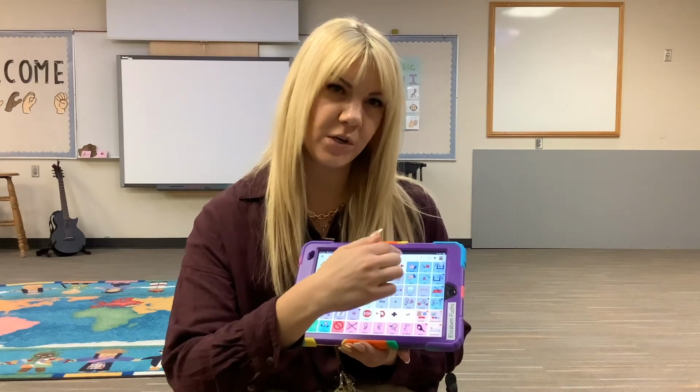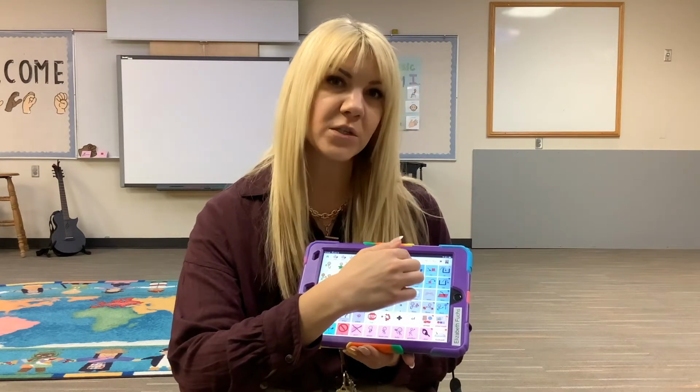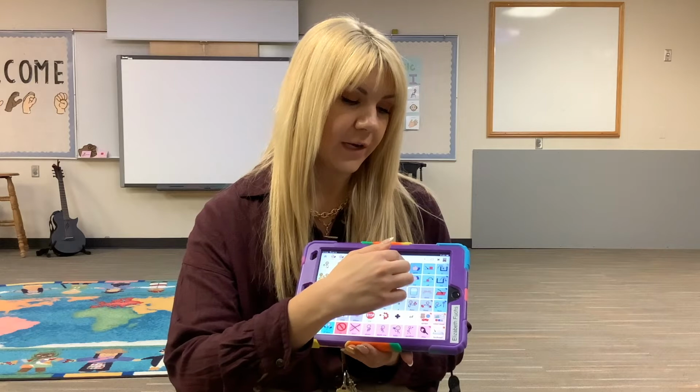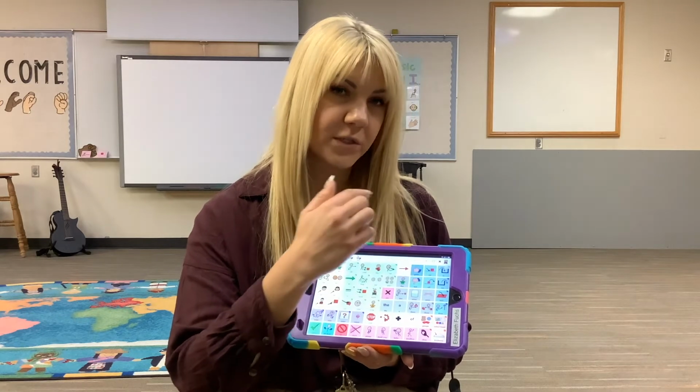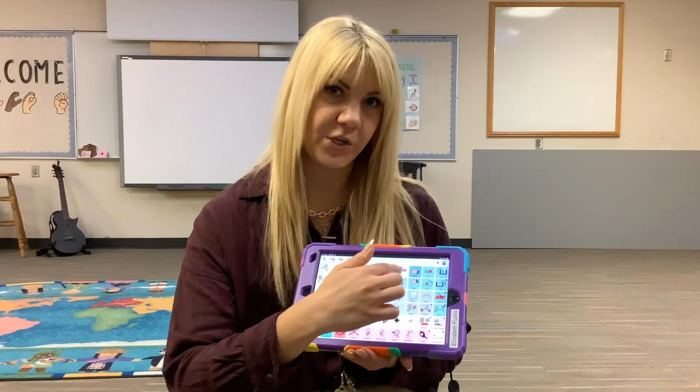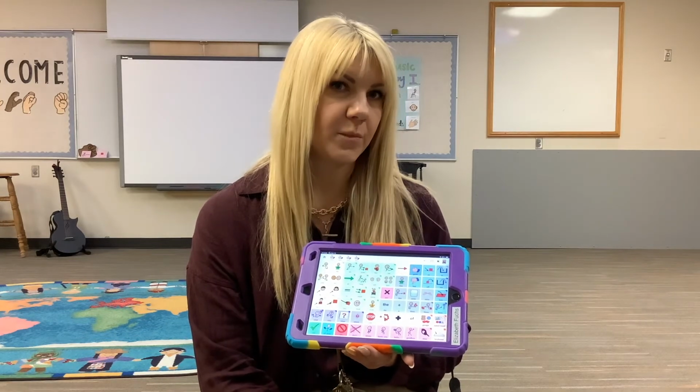Even if they aren't touching or doing, they're having a moment to look, and that's part of the learning too, is they're provided a moment to look or to think, even if they're not touching. So it's important to pause.